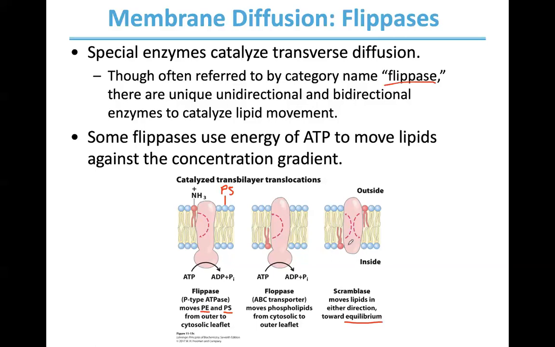So in other words, if you have more of the lipids of the same kind on the inside, it will use this concentration gradient to move some of them on the outside, and vice versa, right? So they don't really move lipids in one particular direction. They just basically lead to equilibrium. They just allow for the lipids to flip, so that there will be a 50-50 distribution of the lipids at the end.